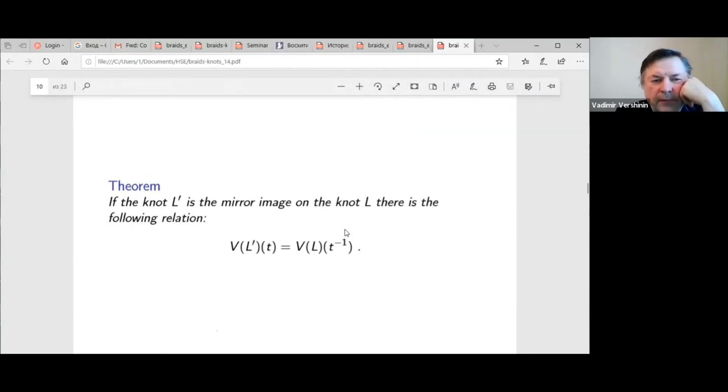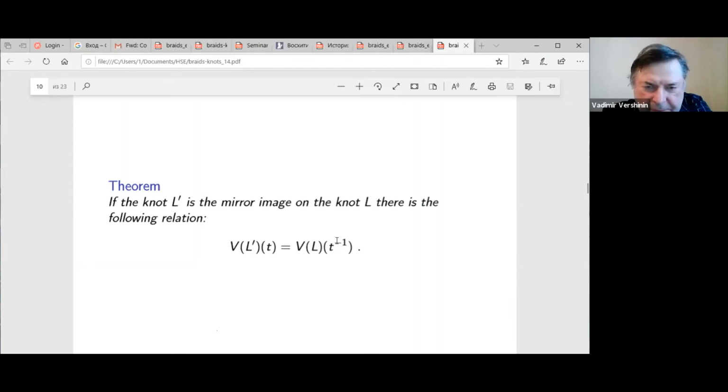Then why is the Jones polynomial so interesting? Because it has the following property: if you consider the mirror image, then you should put t inverse, and then you will have the Jones polynomial for t.